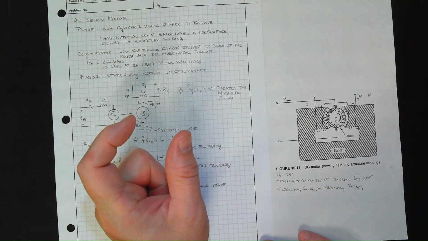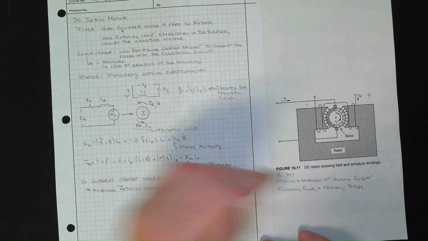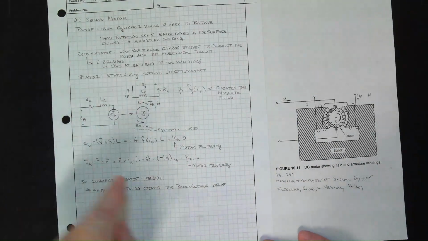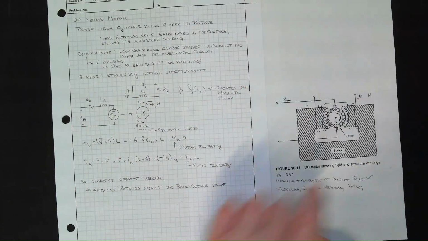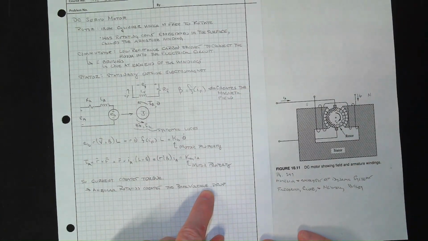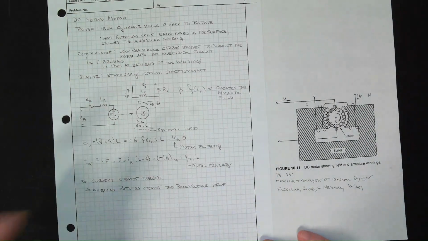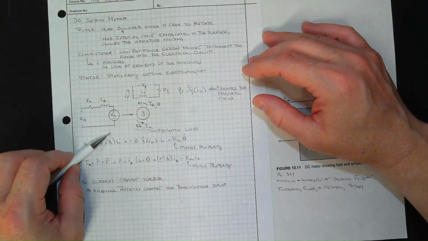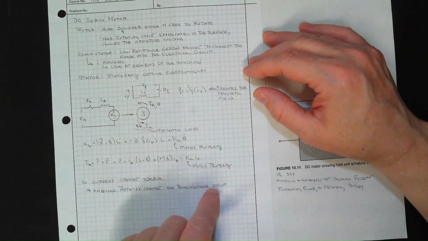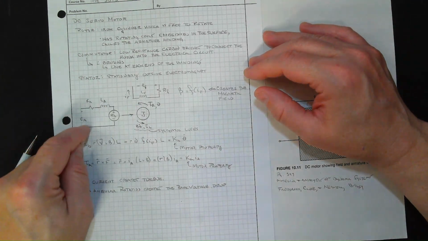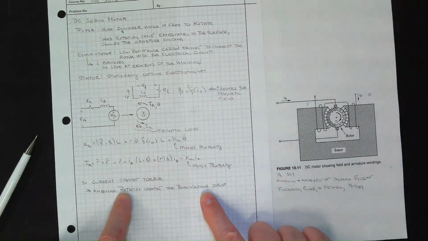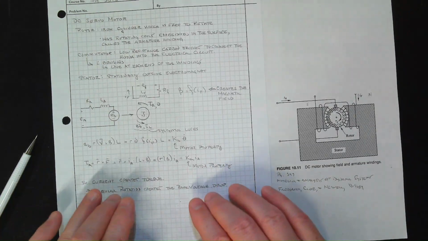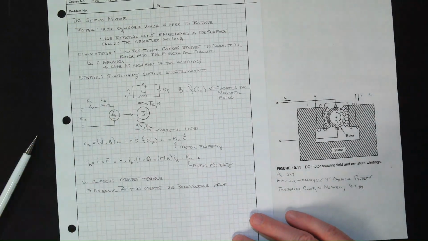Here, angular rotation, a change in position, as this thing turns, creates voltage. When you have a voltage drop, that makes current flow. So angular rotation creates a voltage drop, which draws current down through the motor. Position, voltage, they work the same.